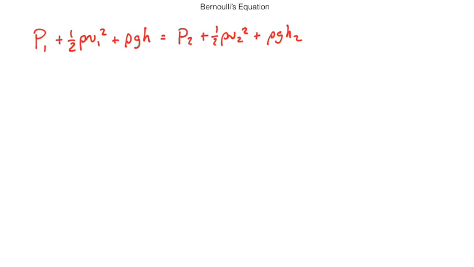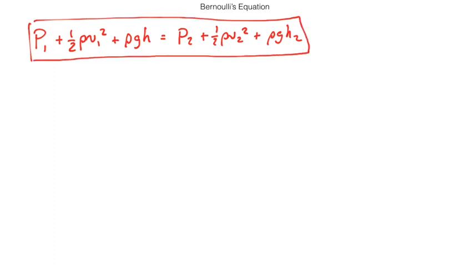We're just giving it a different coat of paint and talking about pressures rather than energies. You'll often see this equation written as P plus 1/2 rho v squared plus rho g h equals a constant. That's how they'll often write it, like in textbooks or on the internet. But since that constant is the same everywhere in an ideal fluid, you can just set the 2 equations equal to each other.